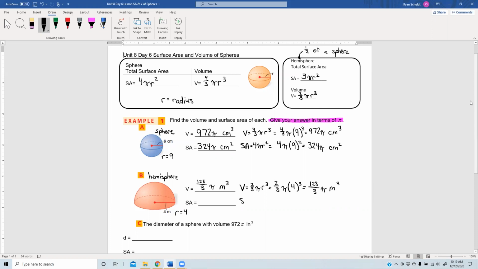Then for total surface area, again, this is a hemisphere. So we'll have to use the one that says 3 pi r squared. So we'll do 3 pi times 4 squared.